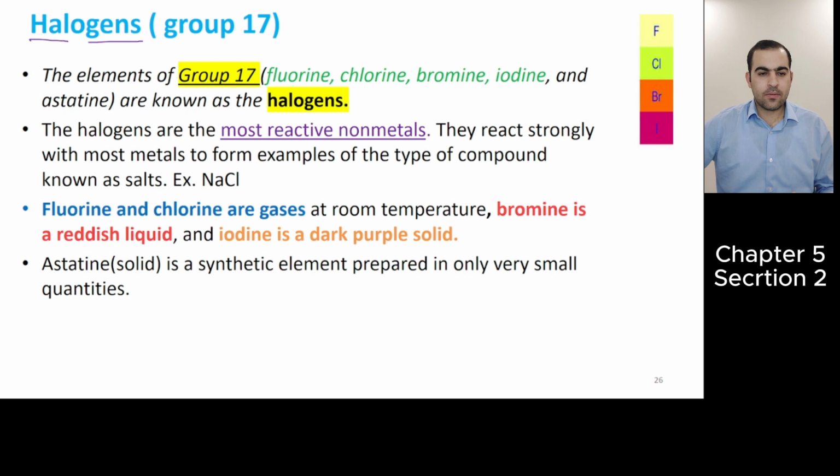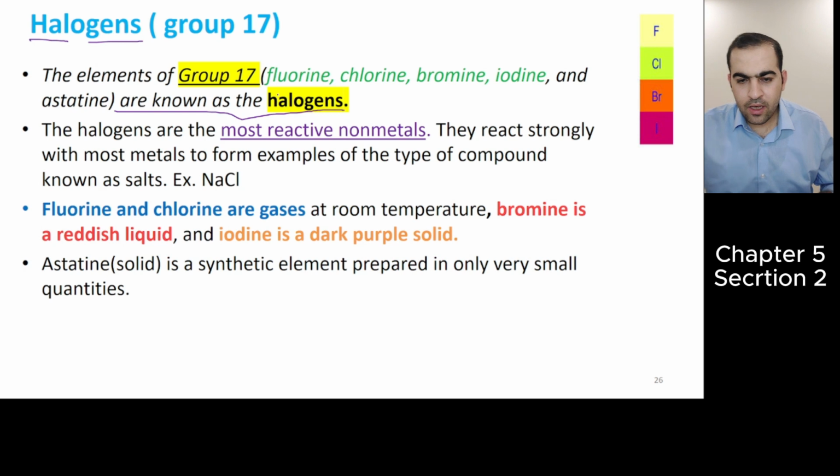Why? Let's explain. The elements of group 17, fluorine, chlorine, bromine, iodine, and astatine, are known as the halogens. The elements in green color, they're important. Fluorine, chlorine, bromine, iodine, they are the most reactive nonmetals.